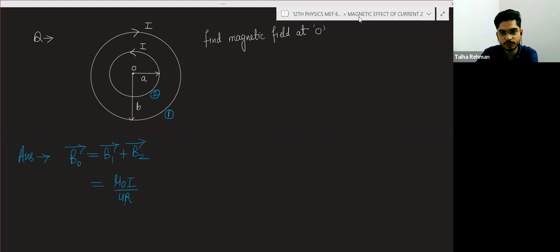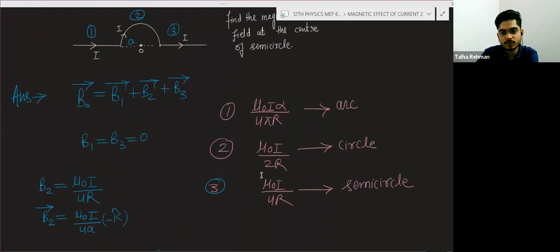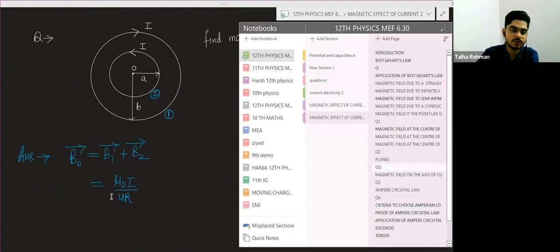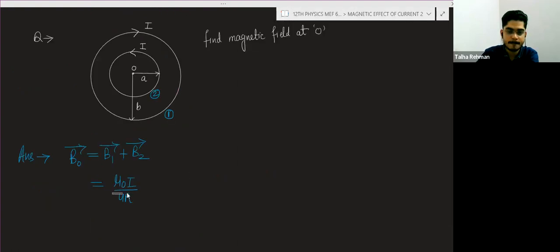If you don't know, you can check here. Sorry, mu naught I divided by 2R for the circle. And this is for coil number 1, this coil.